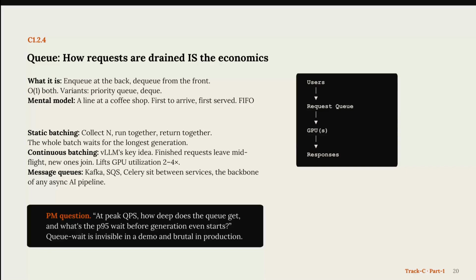In a queue, it's like people standing in a queue to buy coffee. Whoever comes first will be served first. So they are standing in a queue or a line. It enqueues at the back: you're adding elements at the back of the queue and dequeuing from the front. It's all O of 1 because there is only one operation. You add from behind, you dequeue from the front.